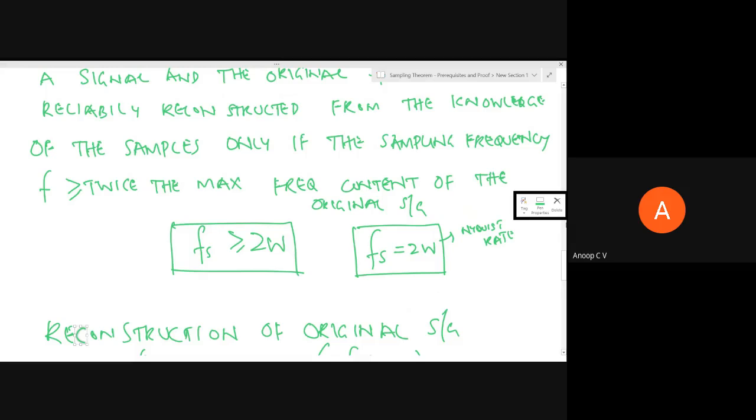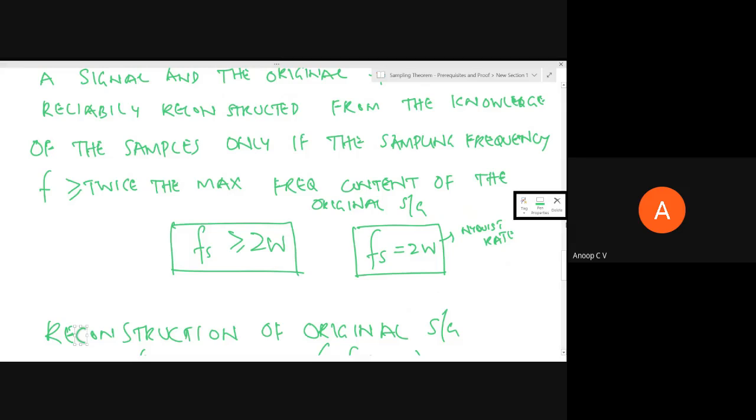To avoid aliasing, fs should be greater than or equal to 2W, and the limiting case that fs is equal to 2W is called the Nyquist rate of sampling. Normally, for ease of design of a reconstruction filter, we'll keep fs much greater than twice the maximum frequency content of the original signal.